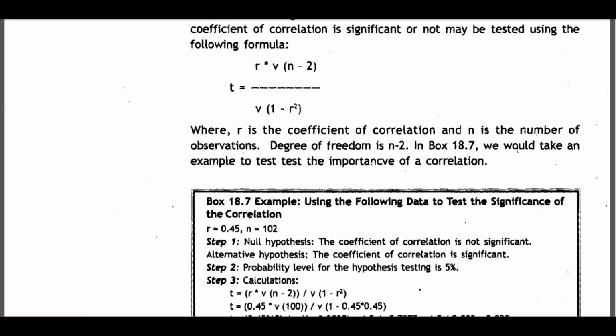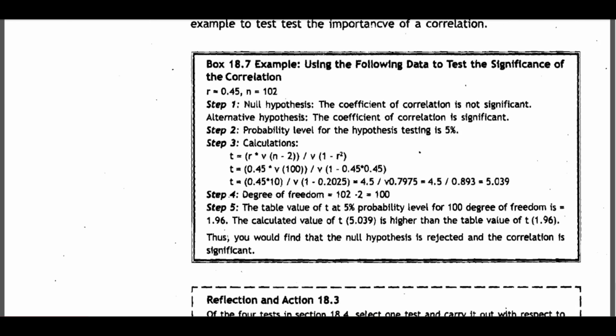In Box 18.7 we take an example to test the significance of correlation. So t equals r into the square root of n minus 2, divided by the square root of 1 minus r squared. The example uses the following data: r is 0.45 and n is 102.